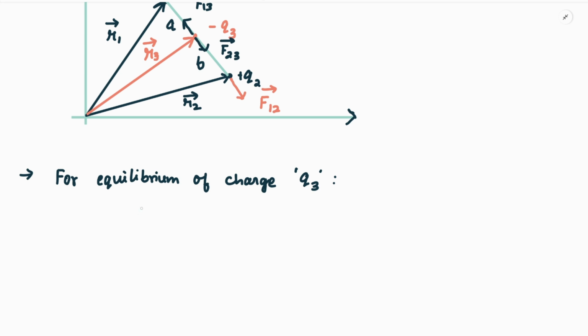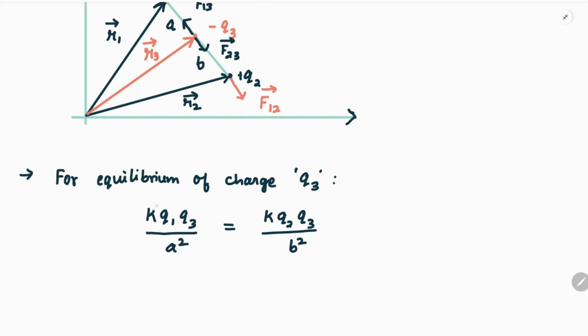So we can write the expression as k q1 q3 by a square, and this is equal to k q2 q3 by b square.